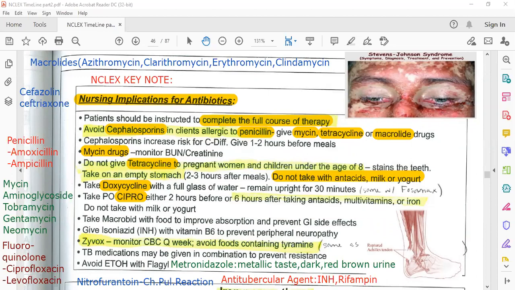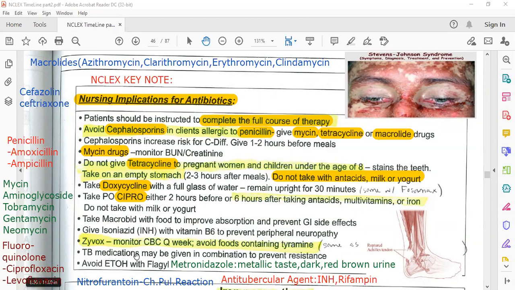Anti-TB drugs can cause hepatotoxicity, discolor the urine, or even discolor contact lenses or cause visual disturbance. So educate your patient to take vitamin B6, pyridoxine, to prevent the peripheral neuropathy caused by isoniazid.